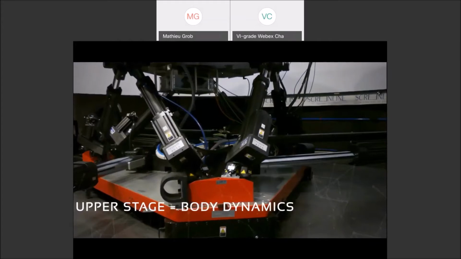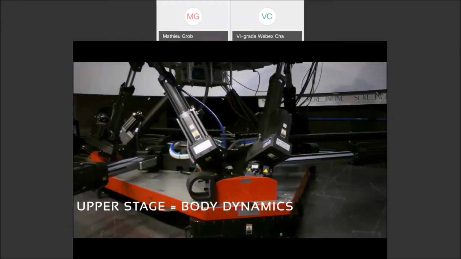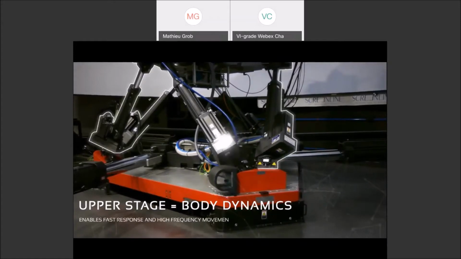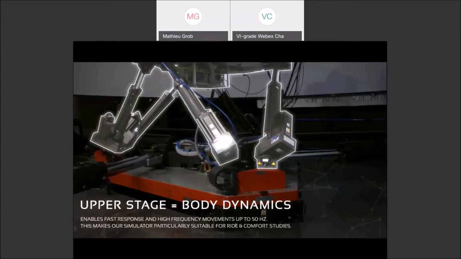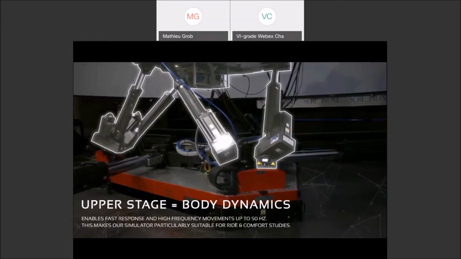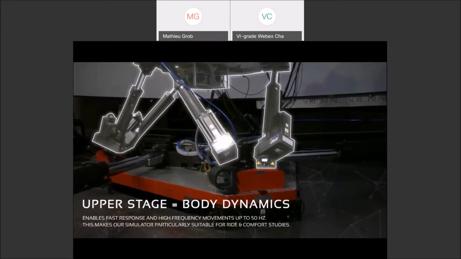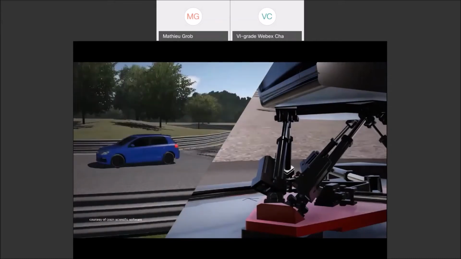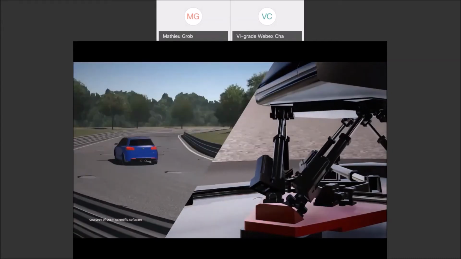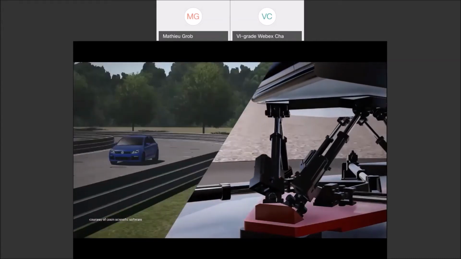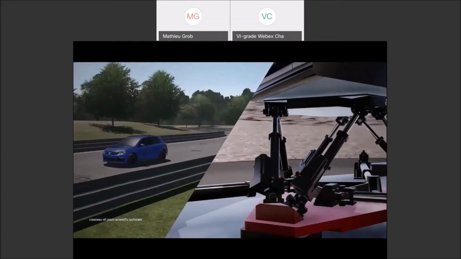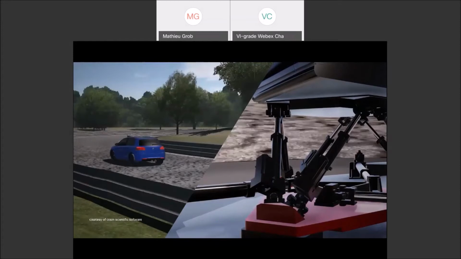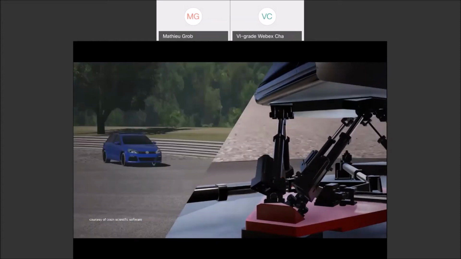The upper stage is dedicated to body dynamics. So it has 6 degrees of freedom and a response up to 50 Hertz. So very sharp, very quick reactions, and particularly suited for ride and comfort studies, as you can see on this video, where you will drive on bumps or irregularities on the roads.